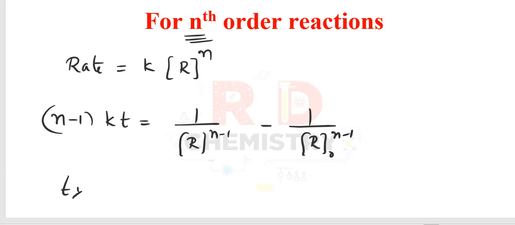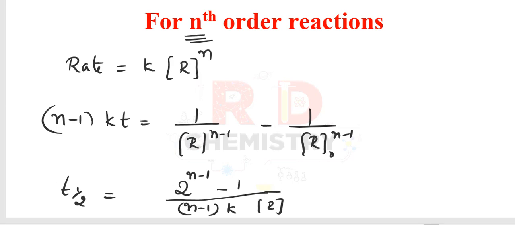Similarly, T half is equal to 2 to the power n minus 1, minus 1, divided by n minus 1 K and R naught to the power n minus 1. Right?